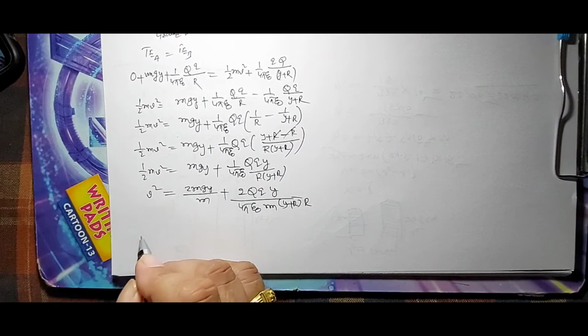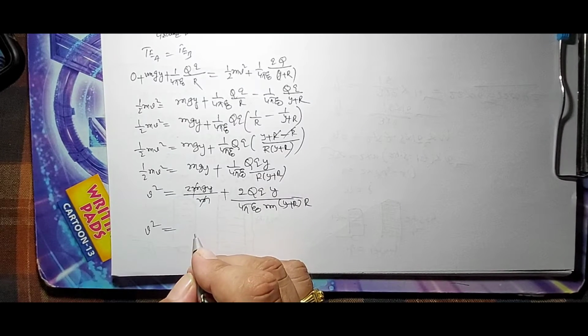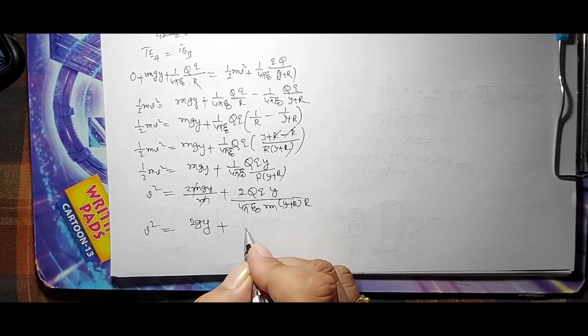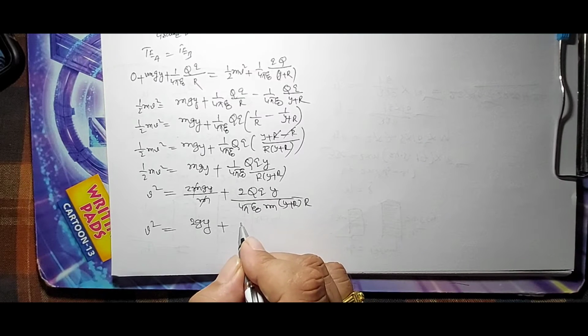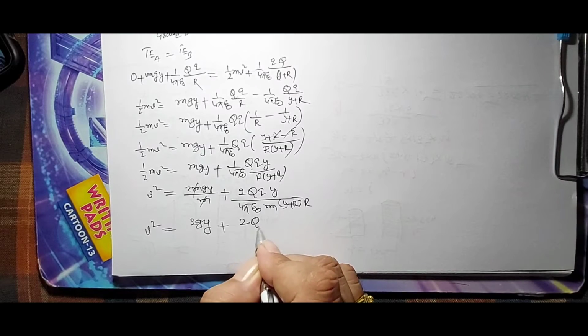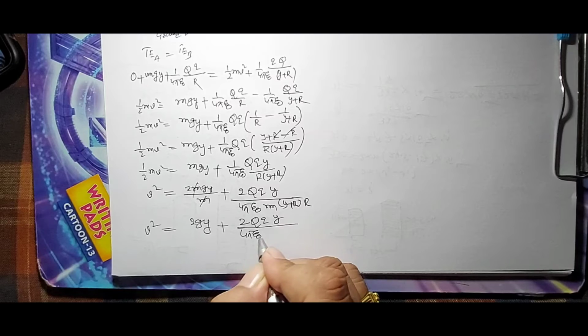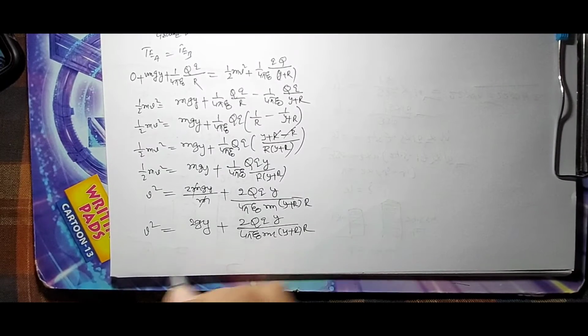So we will get v² = 2gy, the m gets cancelled, plus 2Qqy divided by 4πε₀ m (y+r) r.